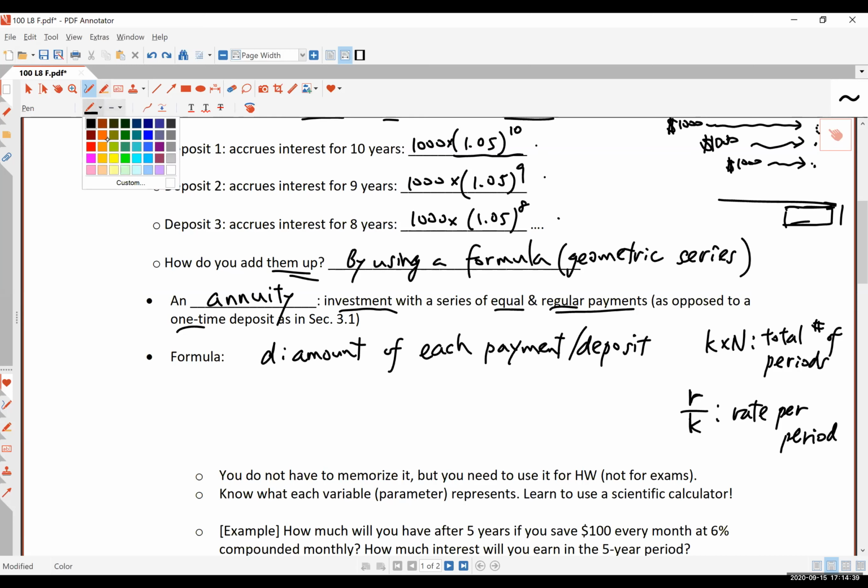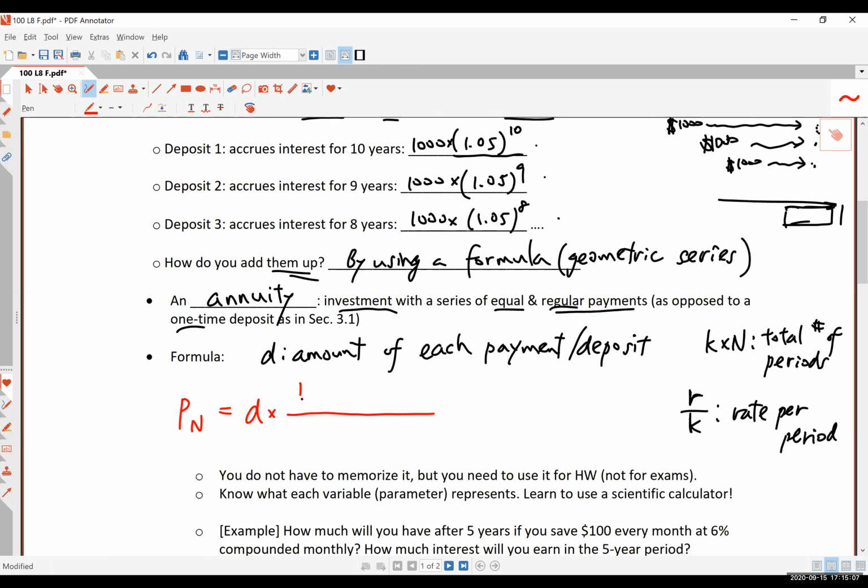Now, I'm going to write something that looks horrendous, maybe terrible, right? But again, I'm not having you memorize this one, but I do want you to use this formula, which I'm about to write, in your homework, okay? Because it is important for you to learn how to perform these complicated calculations if you are given a formula, all right? So this is D times, you multiply the deposit by this huge fraction, okay?